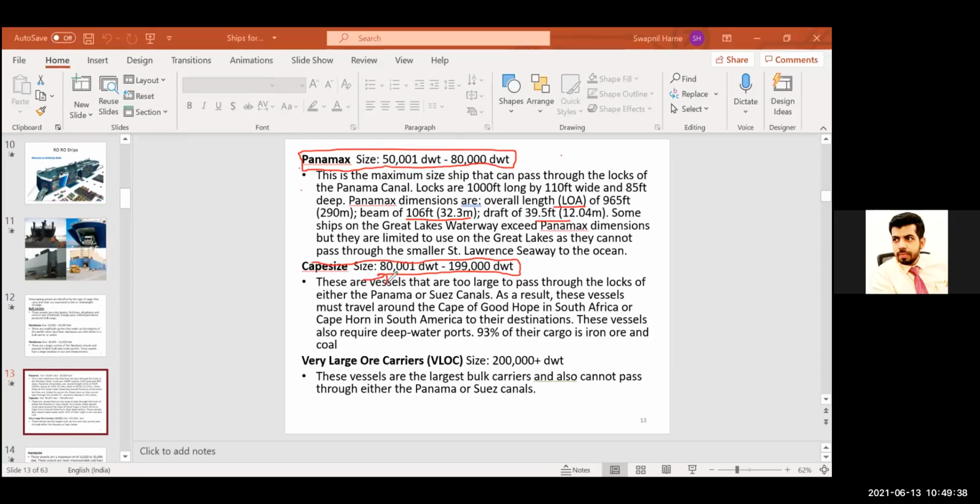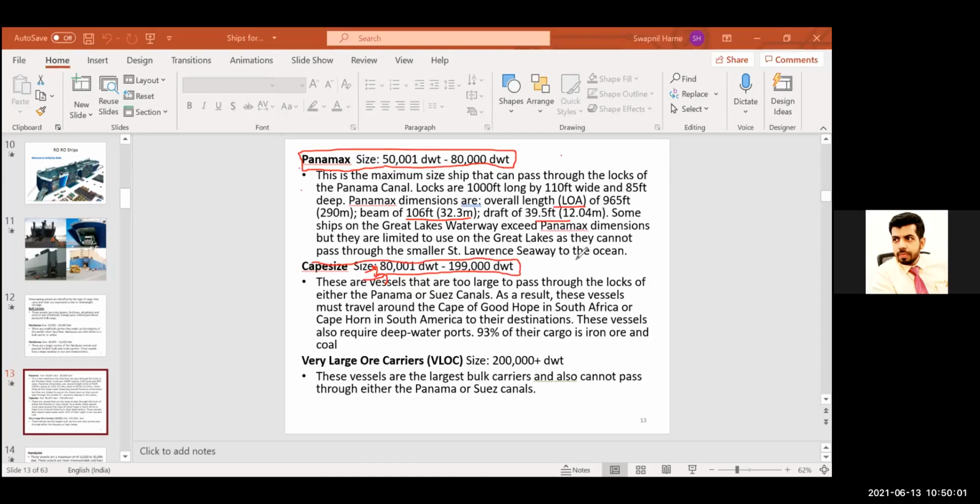So you can call this a mini Cape. These kinds of vessels, 80,000 deadweight to 1 lakh, 100,000 deadweight, are mini Cape bulk carriers. Typical Cape size bulk carrier ranges from 1,60,000 deadweight to 1,90,000 deadweight.